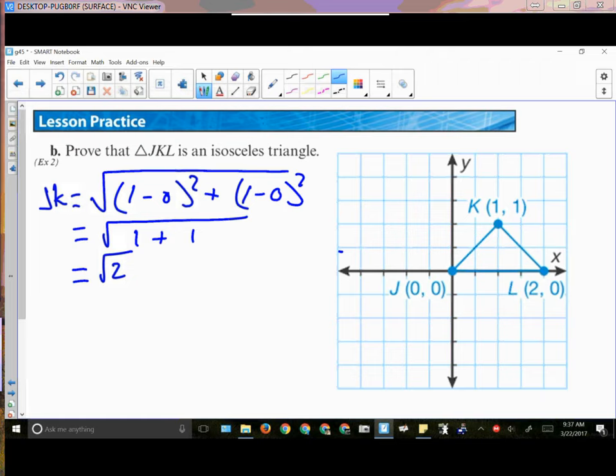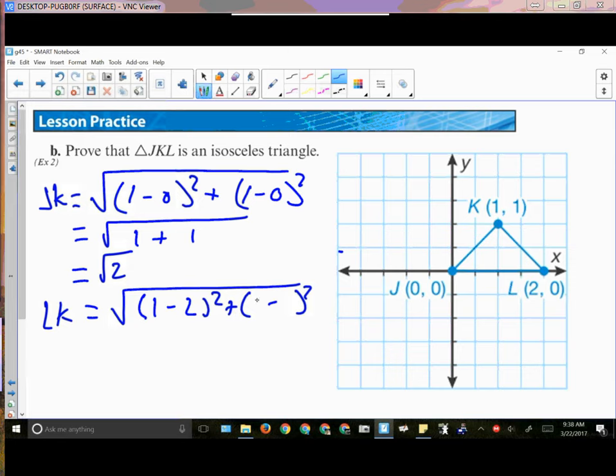So what about LK? Could I do the same exact thing? So I got 1 and 2 there, so it's going to be 1 minus 2 there, and 1 minus 0. So 1 minus 2 is negative 1, negative 1 squared is 1. 1 minus 0 is 1, 1 squared is 1, square root of 2.